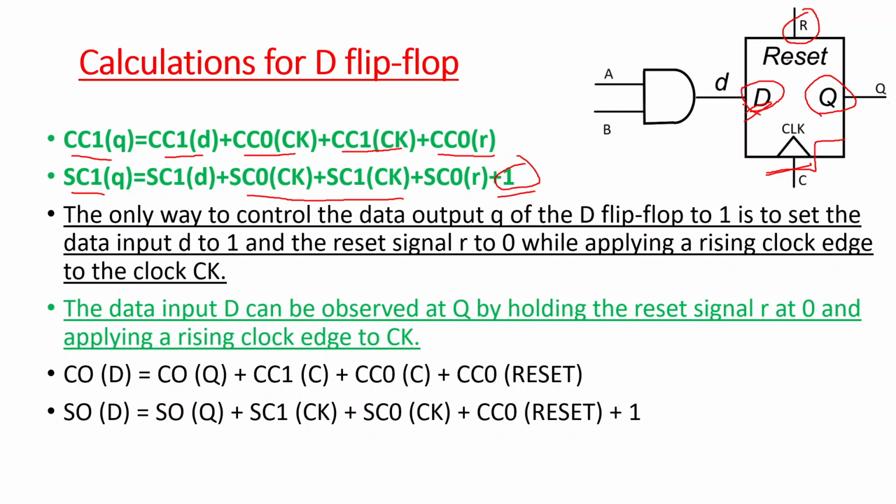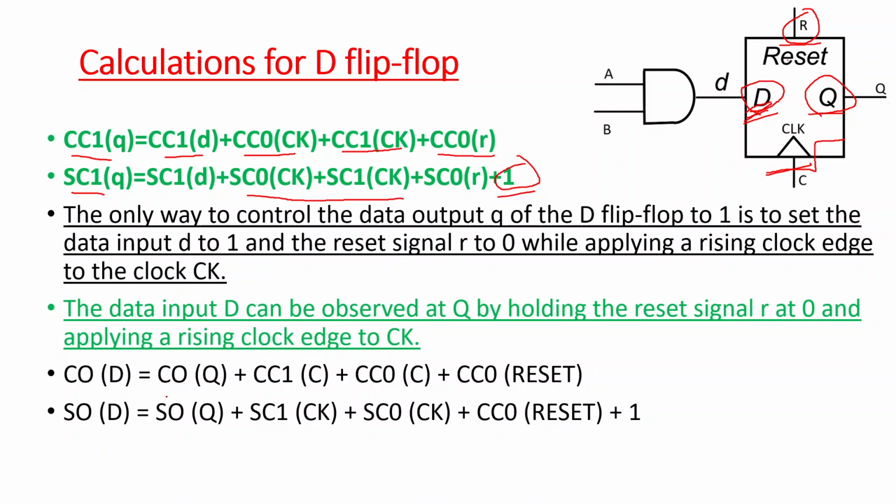So this D input can only be observed at this output Q by holding the reset signal at 0. We have to hold the reset signal at 0 and a positive clock edge should come. Then only we can observe this D at Q, because only when the reset is 0 and a positive clock edge comes will this D input propagate to the output.